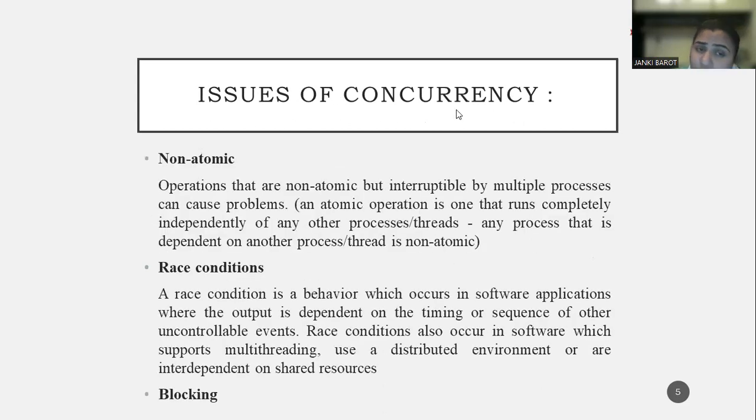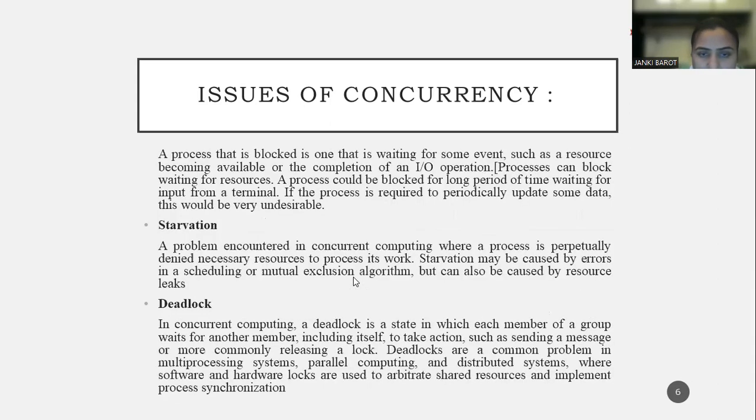Now, which are the issues of concurrency? Non-atomic. What is non-atomic? Atomic means it is a totally independent operation, but non-atomic operation means it is a dependent process. Because it is dependent, it may interrupt multiple processes and cause problems. Now what is a race condition?